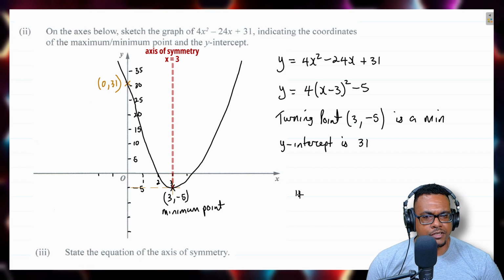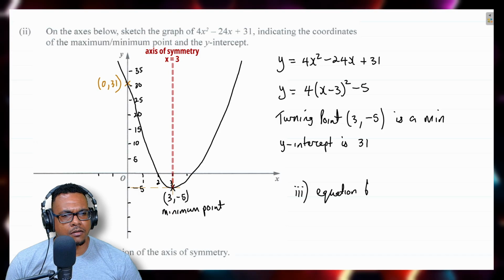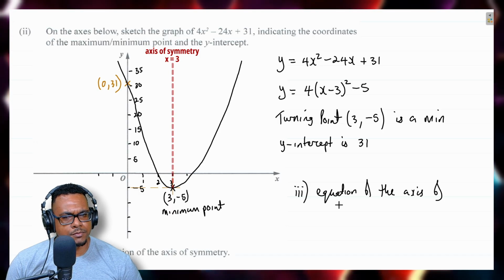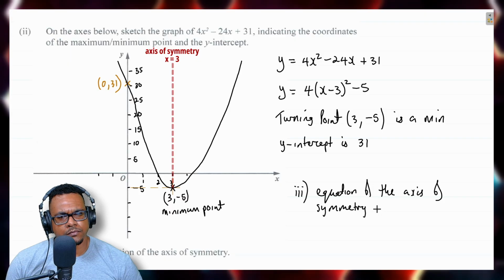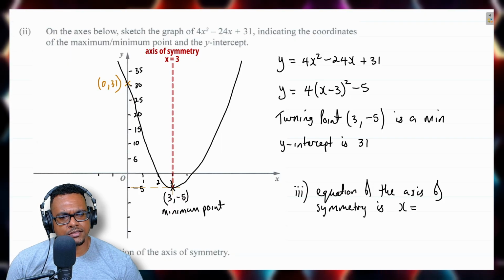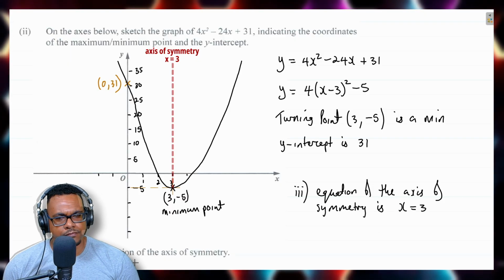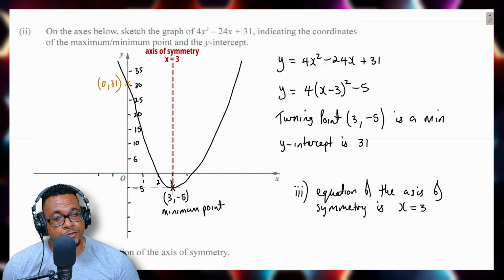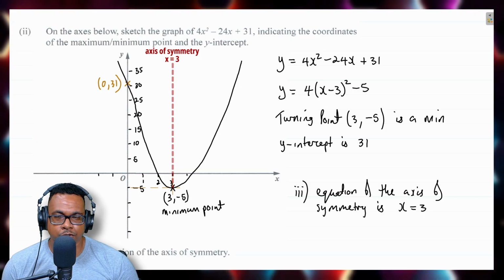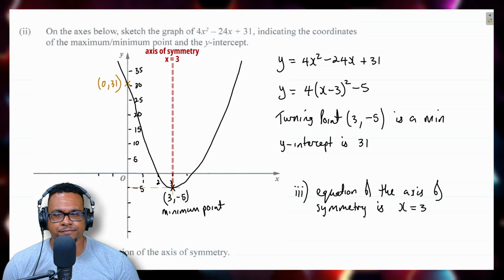So for part 3, the equation of the axis of symmetry is x is equal to 3. And that will bring us to the end of this video, so stay tuned for the next video on question 9.